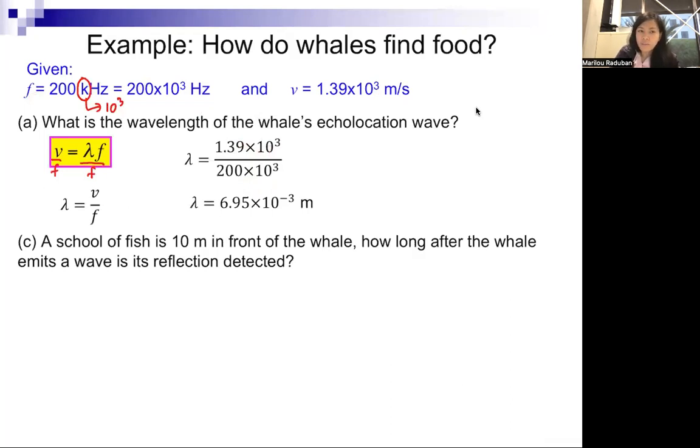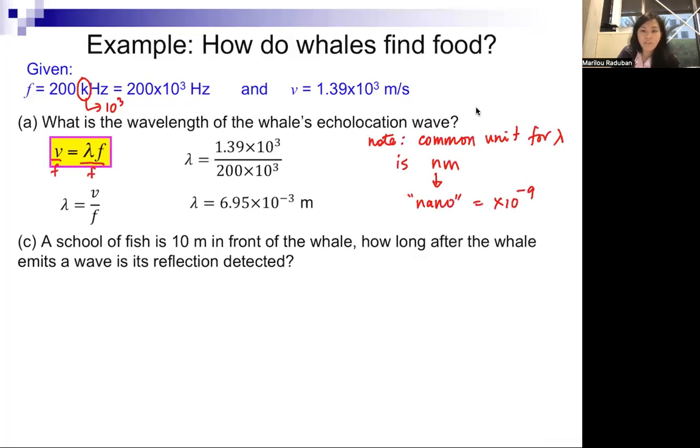Right, just in terms of prefixes, a common unit for wavelength, especially for light, is the nanometer. So it will be worth remembering that the prefix nano is times 10 to the minus 9.